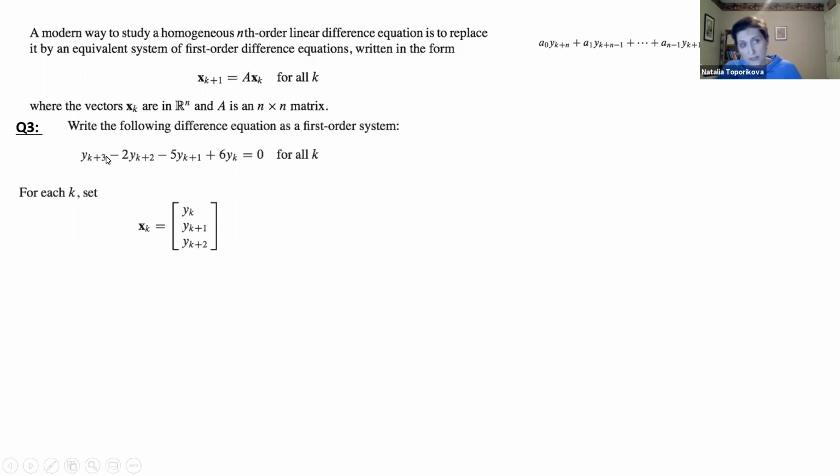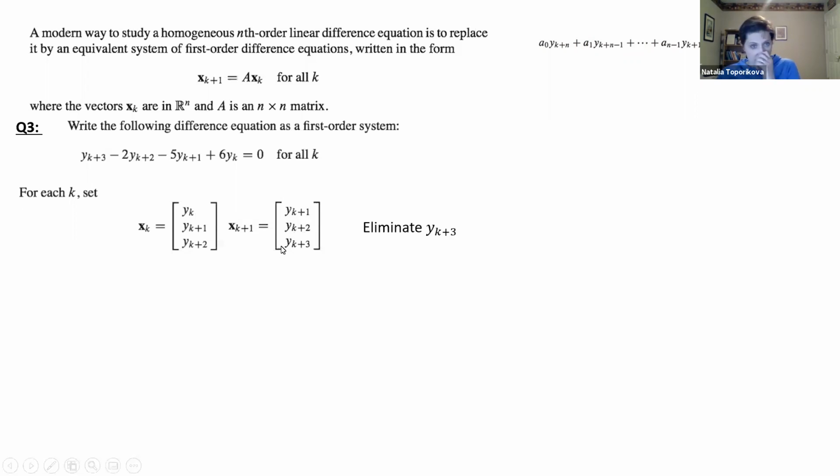We separate here the last state and all the previous steps before it. So what would be x at step k plus 1? That's pretty straightforward. Take our y's and add one more step to the index, which gives us y k plus 1, k plus 2, and k plus 3. We're basically shifting our y's.